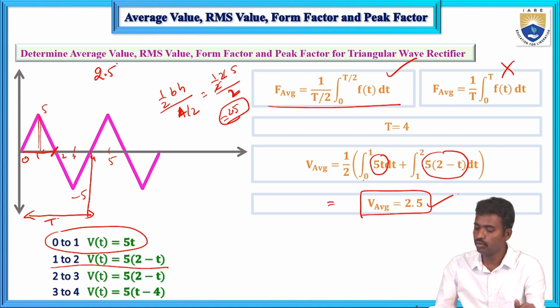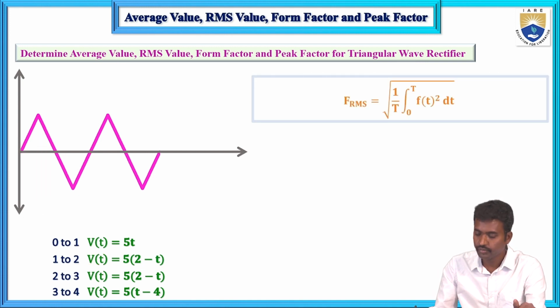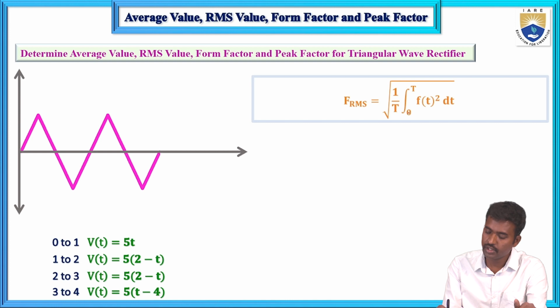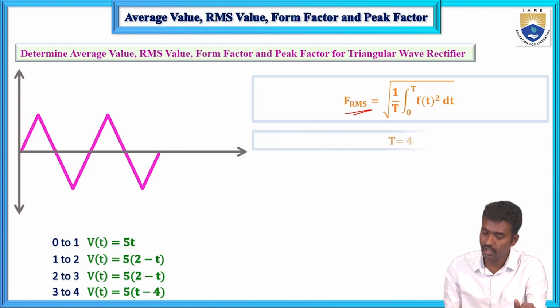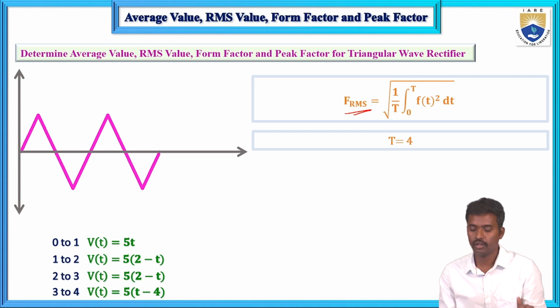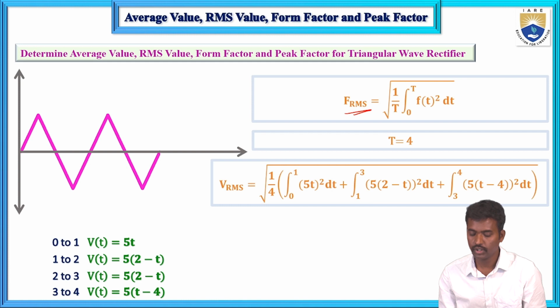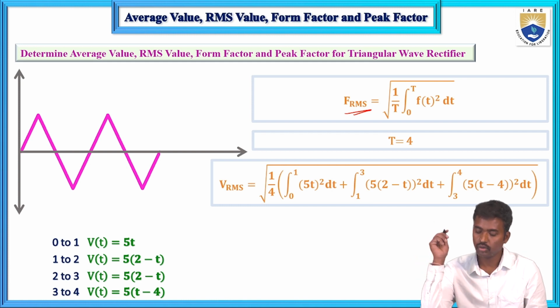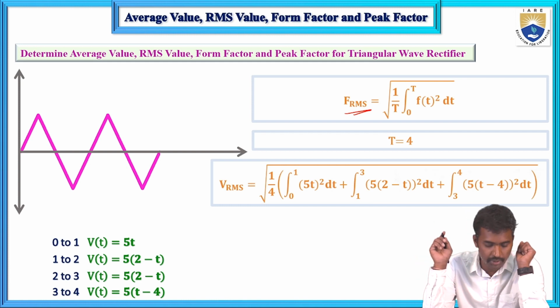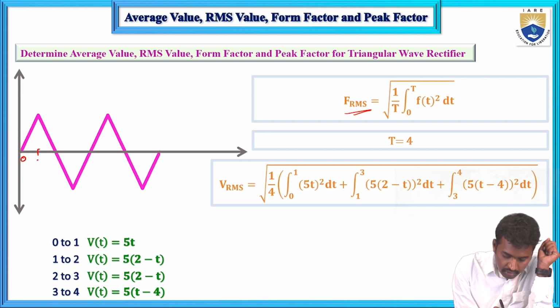RMS value considers the full cycle. That equals the square root of 1 by T, integral from 0 to T of f of t squared dt. Here f of t is the voltage function v of t, and the time period is 4. We have 4 limits: 0 to 1, 1 to 2, 2 to 3 and 3 to 4.